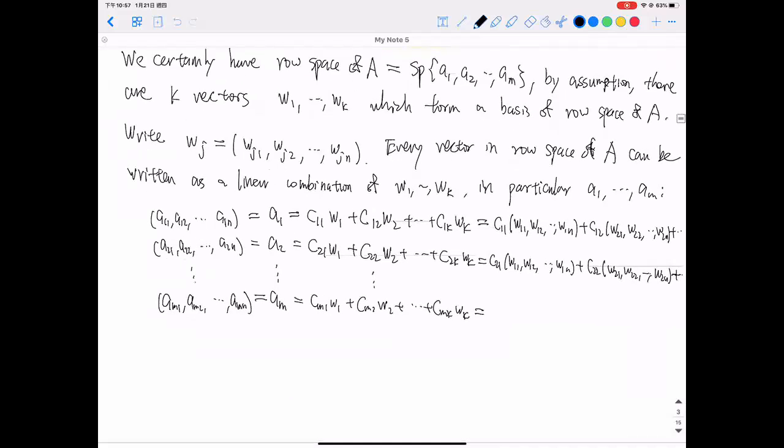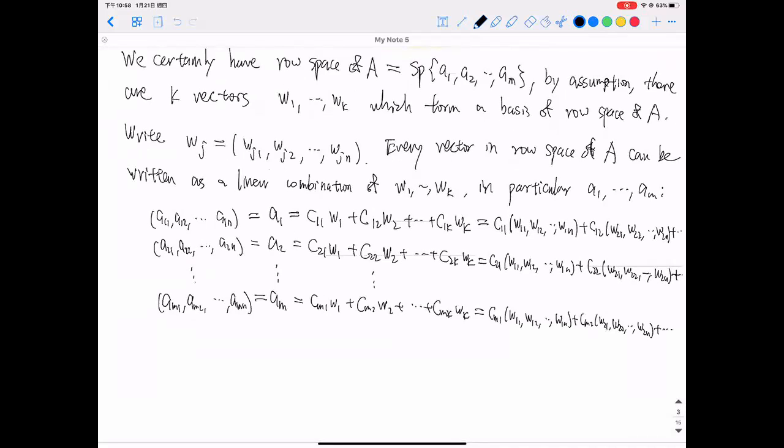And the last equation on the right-hand side is CM1 times W11, W12, ..., W1n, plus CM2 times W21, W22, ..., W2n, plus and so on.